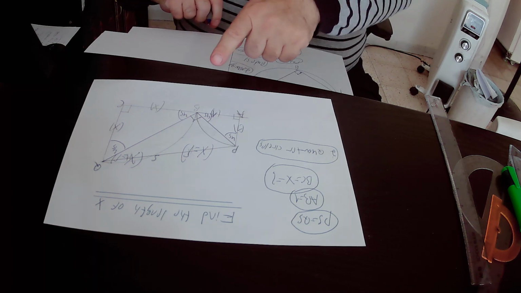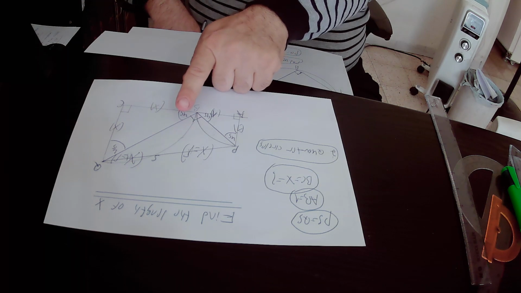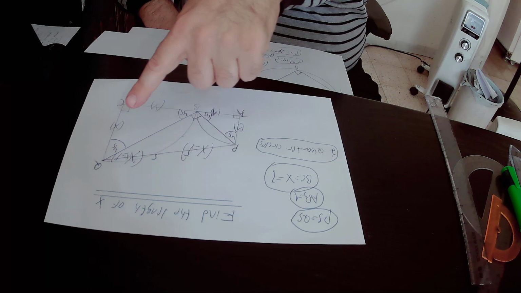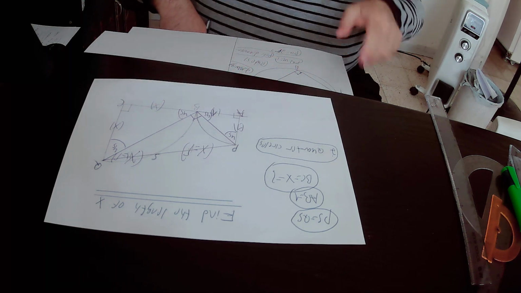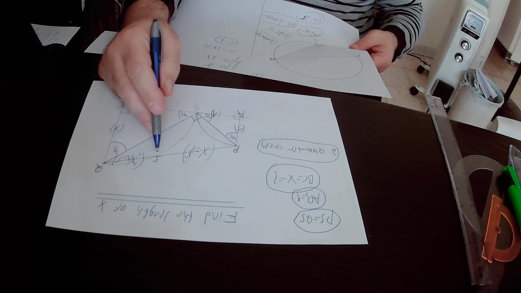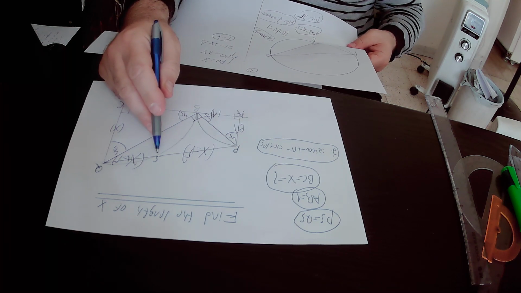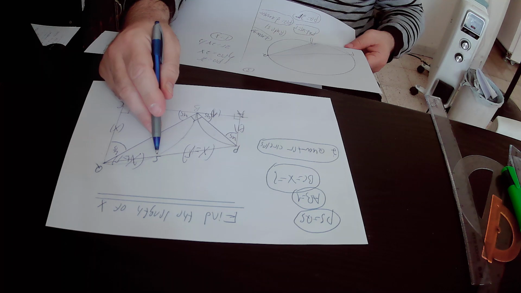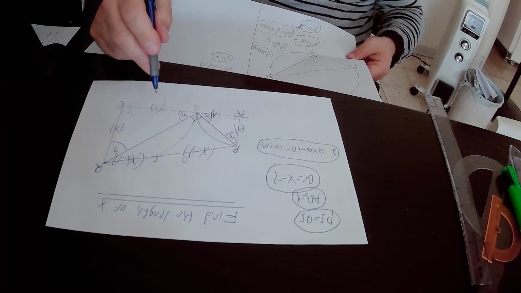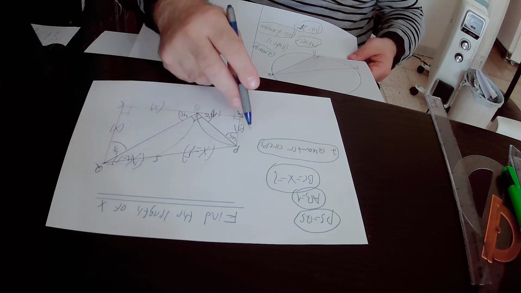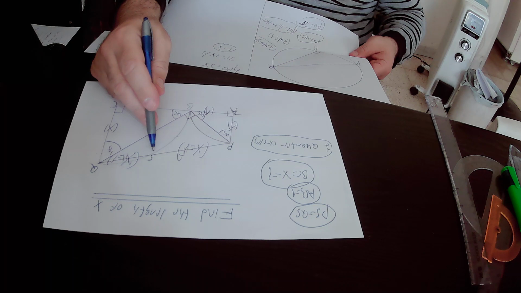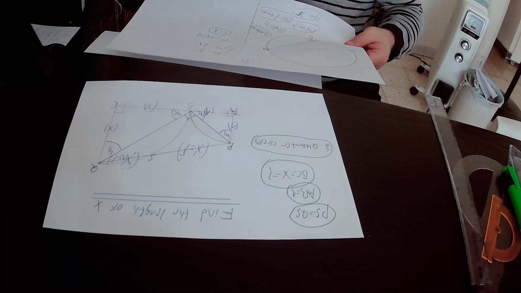In the next step, I will copy point S that is located on PQ to the new drawing here. I'll copy point S from the original drawing to our new drawing, because point S is located on PQ.